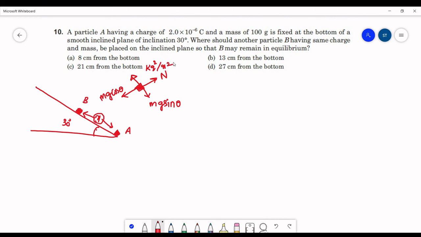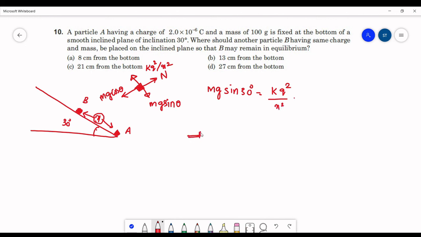Now if particle B is in equilibrium, the net force on particle B in any direction should be equal to 0. Now consider along the inclined plane. Along the inclined plane, the downward force is mg sin theta, which is sin 30, and the upward force is kq square upon x square. Now just substitute the values here.